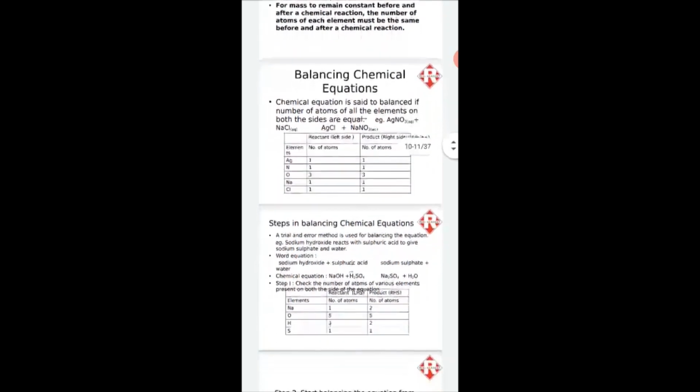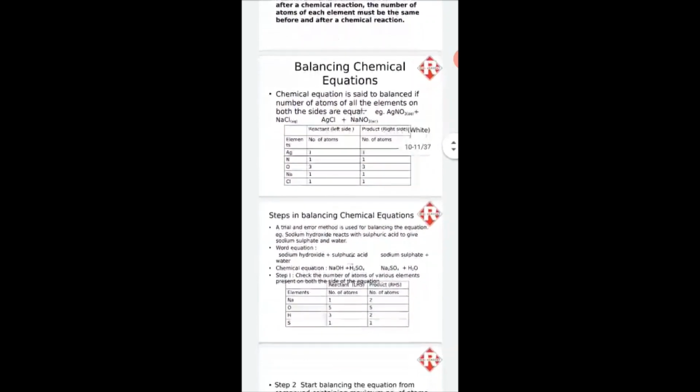A chemical equation is said to be balanced if the number of atoms of all the elements on both sides are equal. This is very important. ये ध्यान में रखना है आप लोगों को. When we want to balance a chemical equation, the number of atoms of all elements on both sides, reactant left side and product right side of the chemical equation, are equal.